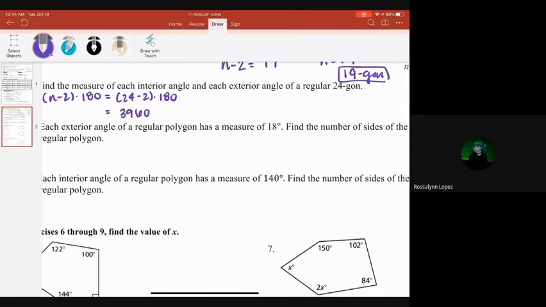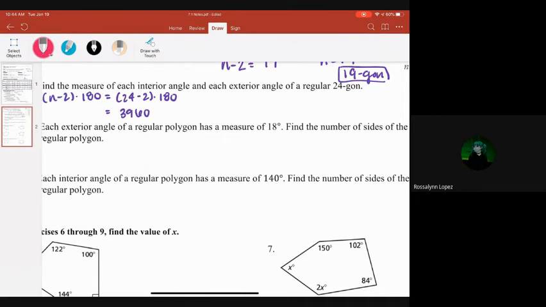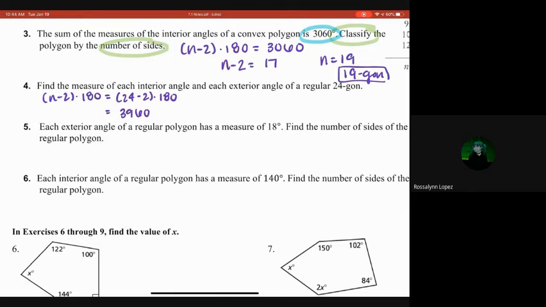So once I have the sum, who can remind us how to use the sum to find one interior? What would I do? If I have the sum, how can I now find one interior? I got to do something to 3,960.